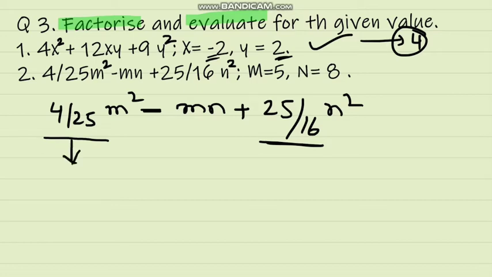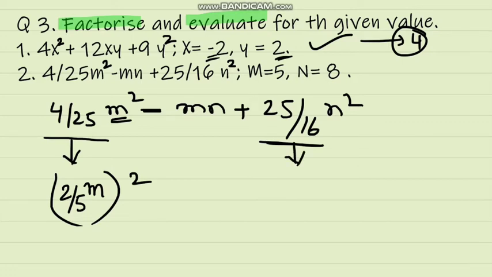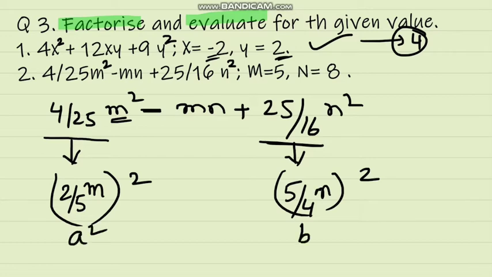See, 4 by 25 m square can be written as 2 by 5 m whole square and 25 by 16 n square can be written as 5 by 4 n whole square. Now let us see if this is our a square and this is our b square.